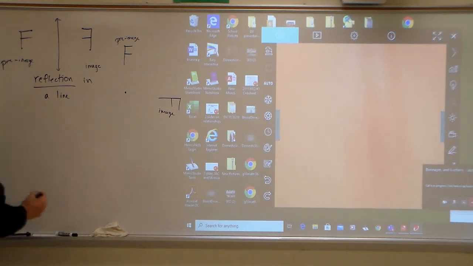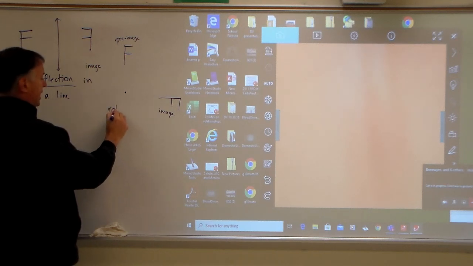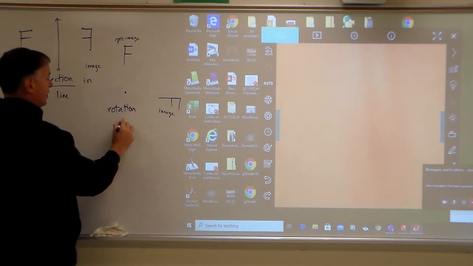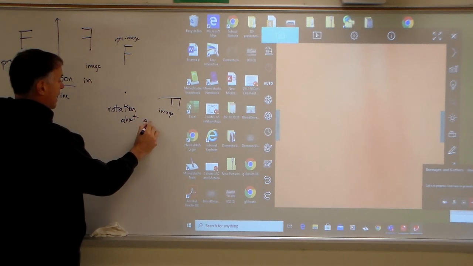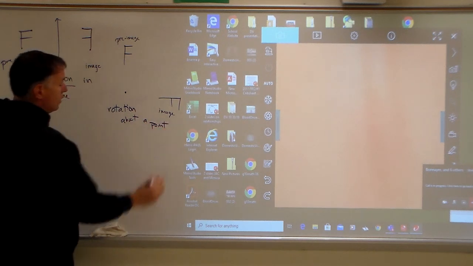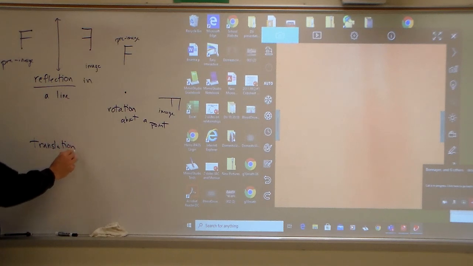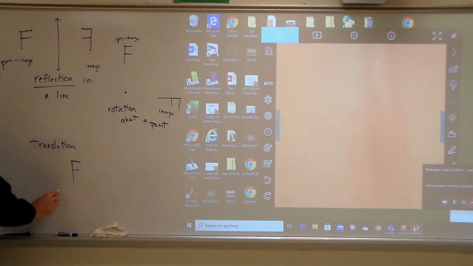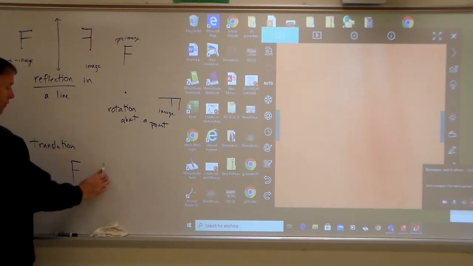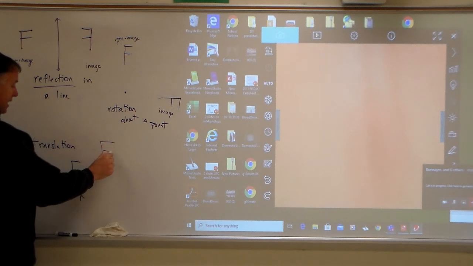The other type, okay, so let's write it. This is a rotation about a point. And the last one is going to be just a translation. So here's my original, here is my pre-image, and let's say that the direction said to go over and up, then there's my image.